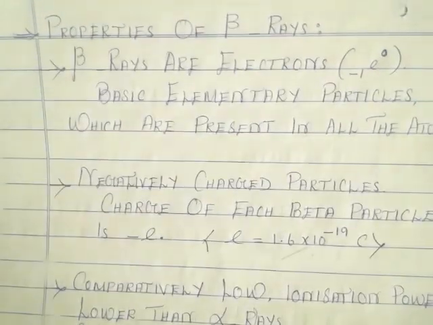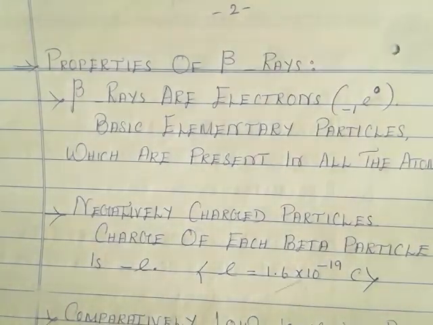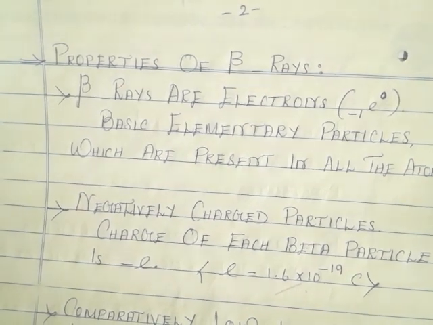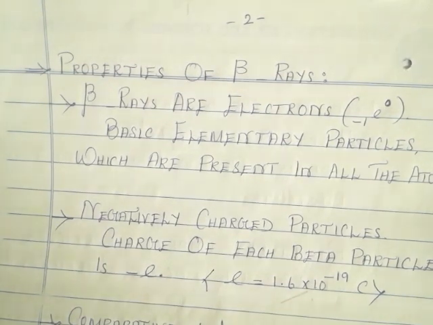Then the properties of beta radiations. Listen, beta rays are electrons. Do all of you have any idea about electrons? Yes, that's good. An electron is a basic elementary particle which is present in all atoms.